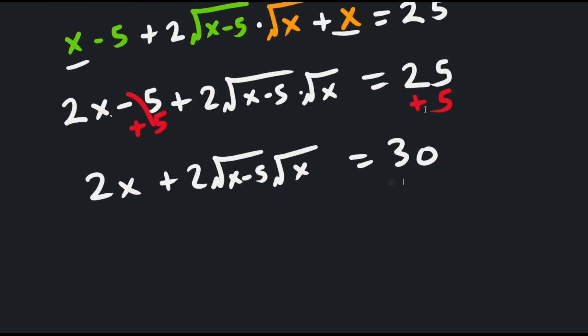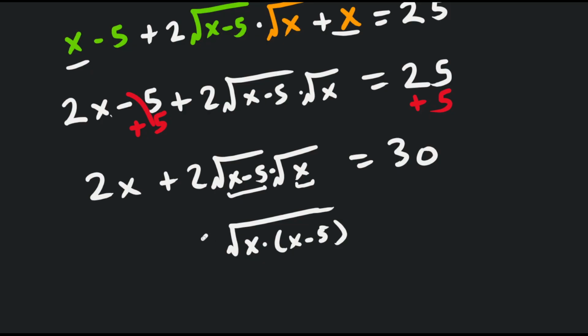Okay, let's continue solving this. We have these two radicals being multiplied, radical x minus 5 times radical x. One of the laws of radicals that we've learned in a previous video is that in this situation, we can multiply both radicands. So let's rewrite this as radical x times x minus 5.